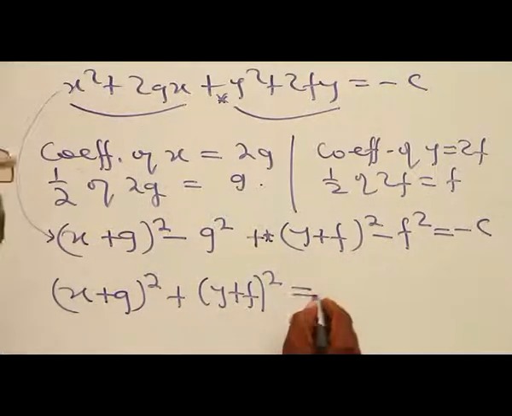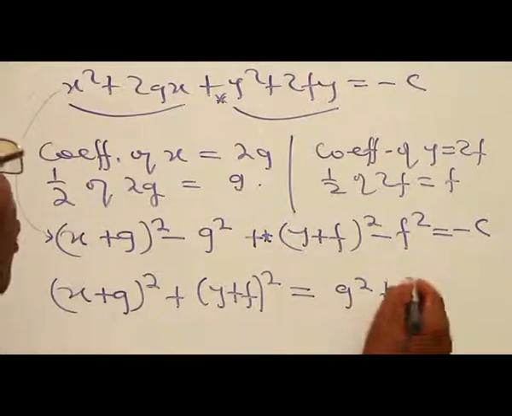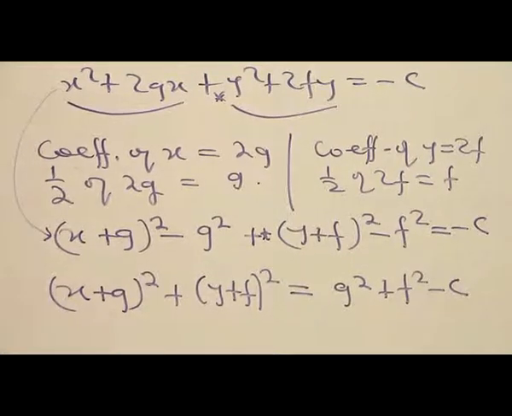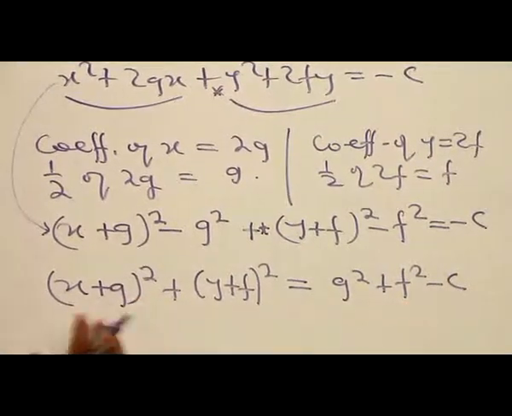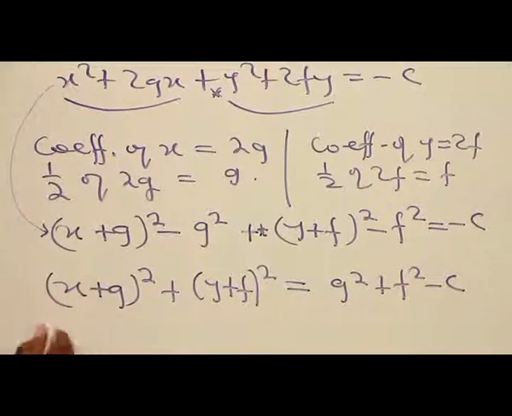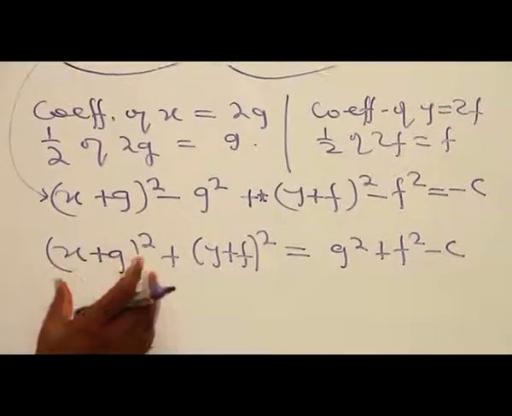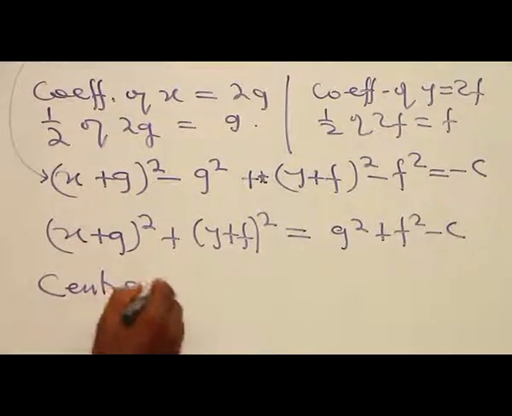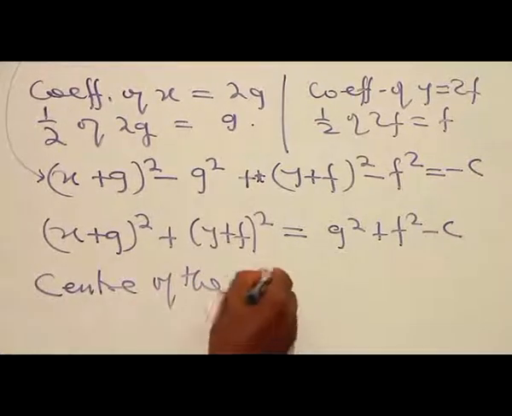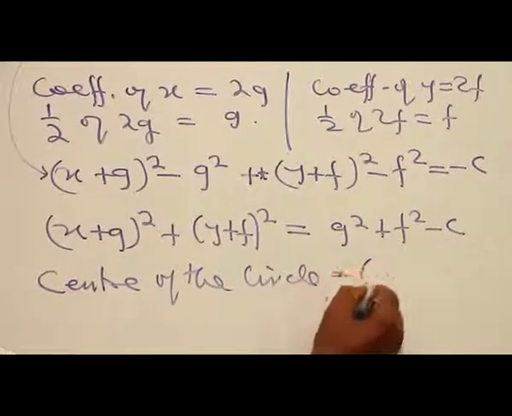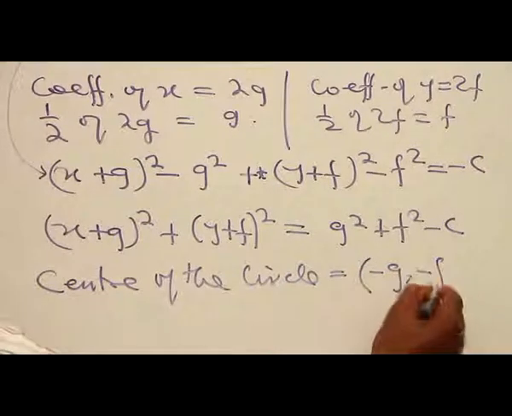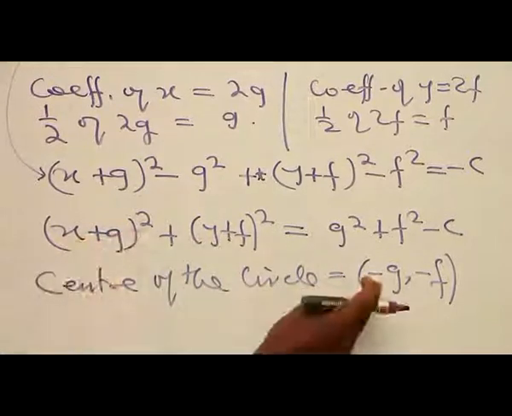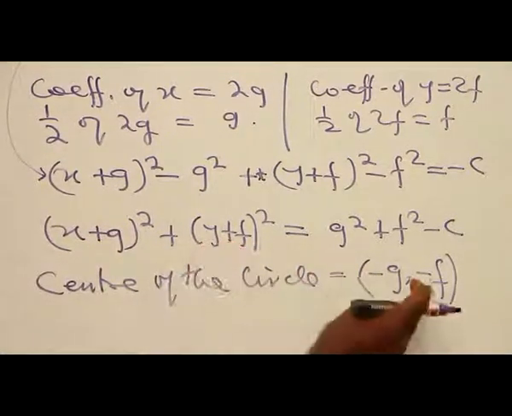This eventually will give you G squared plus F squared minus C. Now, in this format, we see that the center of the circle is equal to minus G comma minus F. Here it is positive, so it becomes negative here. Here it is positive, also made negative here.